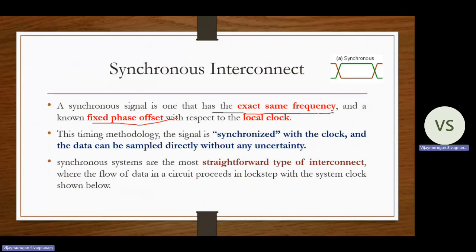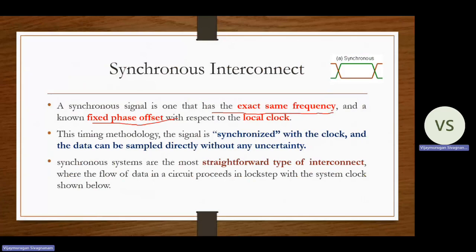In this synchronous timing methodology, the signal is synchronized with the clock. Whenever the clock pulse hits the register, at that time only the register gets the data and samples the data. So the data can be sampled directly without any uncertainty.